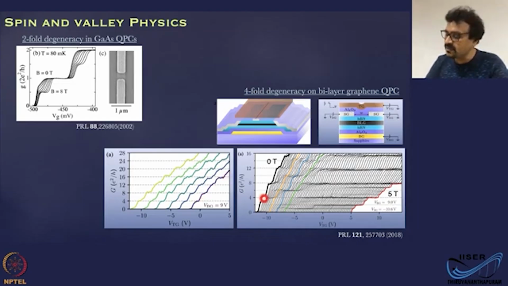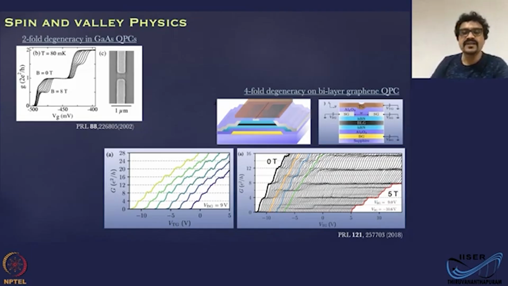And you can see the moment you apply a magnetic field, you lift all this degeneracy and it's going to be eventually e square by h. You can see that each of these plateaus is split into 4 individual plateaus when you take the field from 0 Tesla to 5 Tesla. Okay.